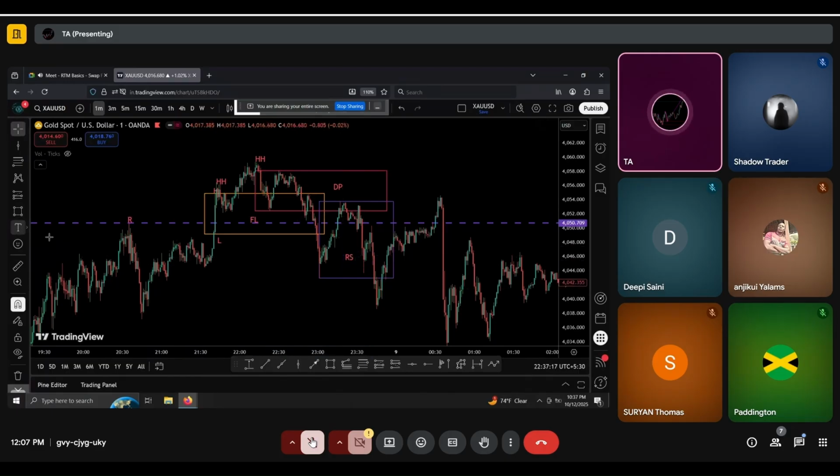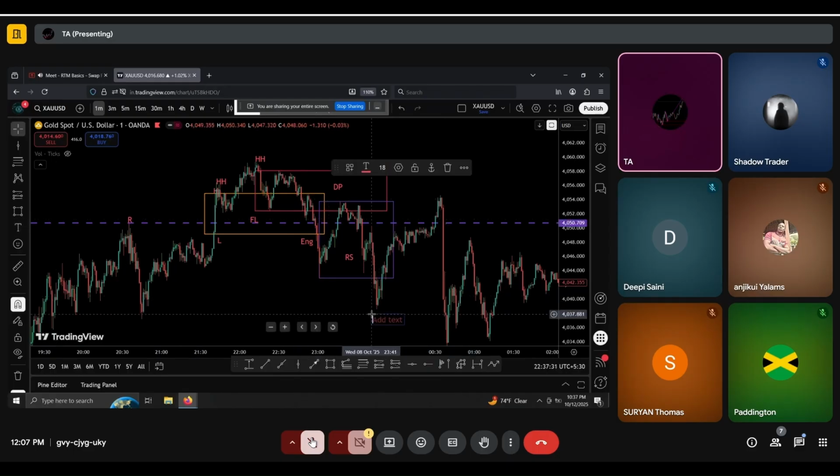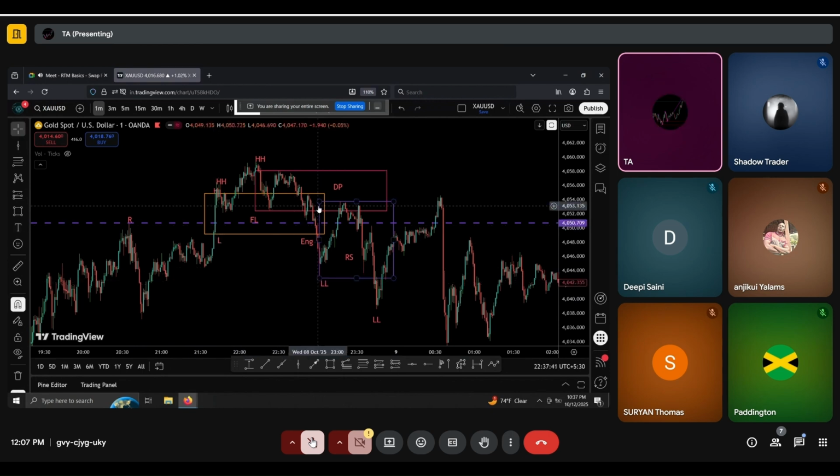And what happened here? Engulf, right? We engulf here. This goes up, came down, then goes up again. Remember the structure? This creates a lower low, and this was the low.